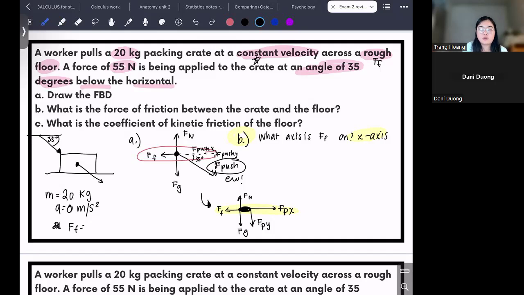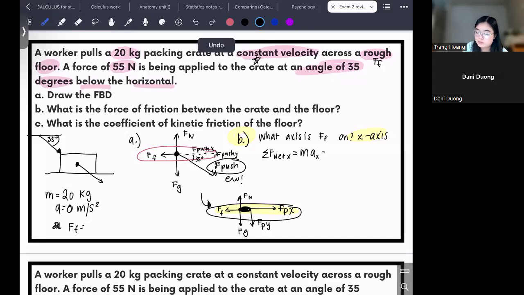If we want to solve for force friction and we're only given two forces on the x-axis, then we can use them to solve for each other. Let me write that again. I'm going to draw it out. I feel like if I write it out, it'll make sense. It's kind of like this relationship between the forces. It's hard to explain.